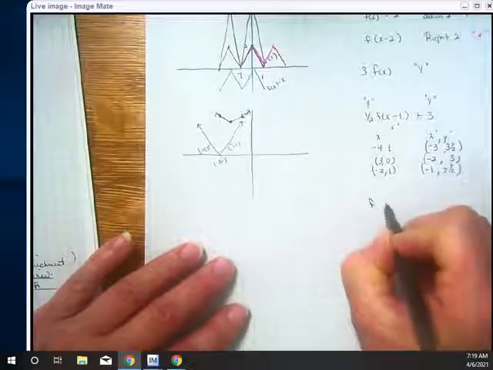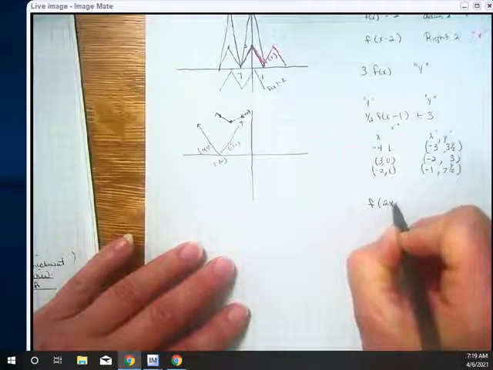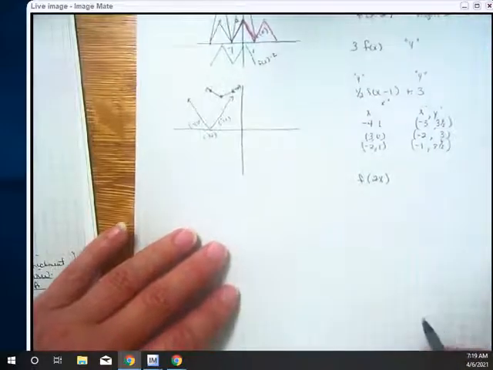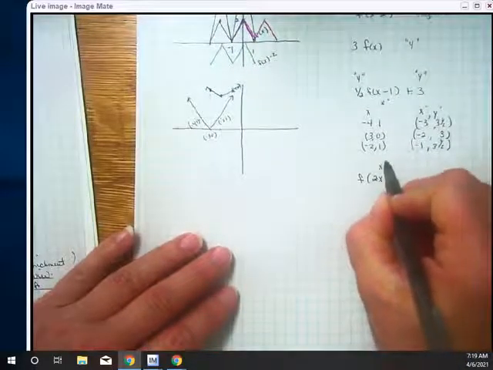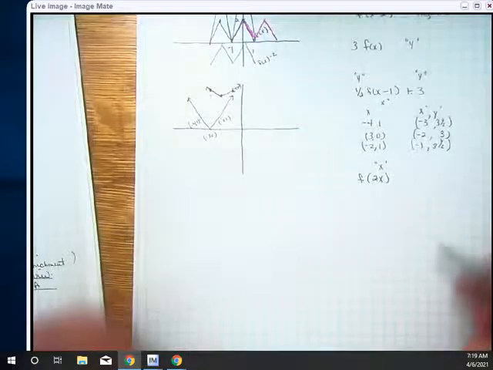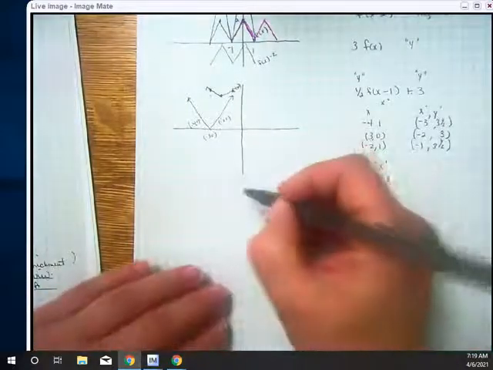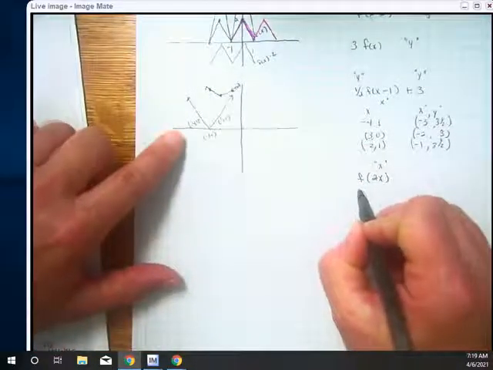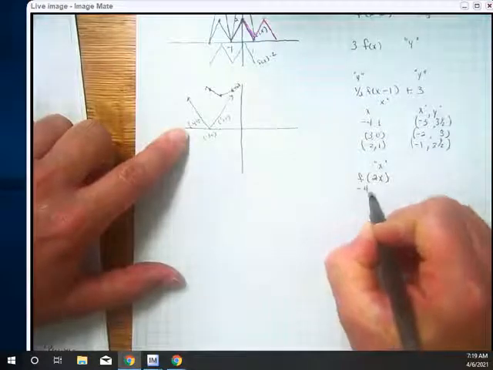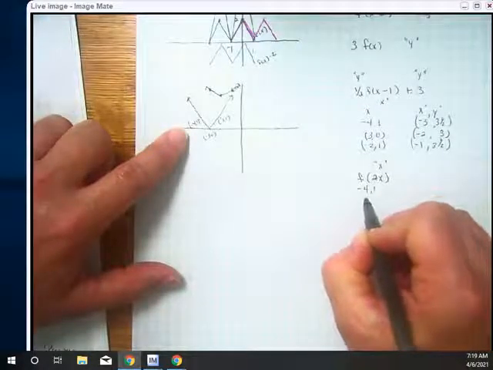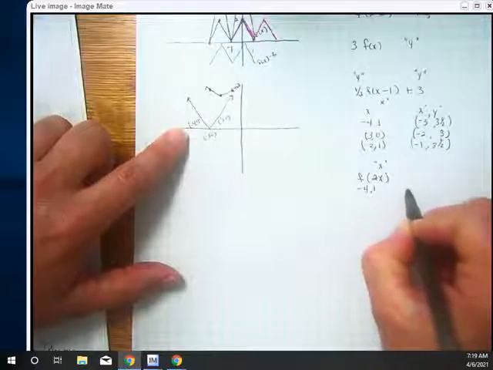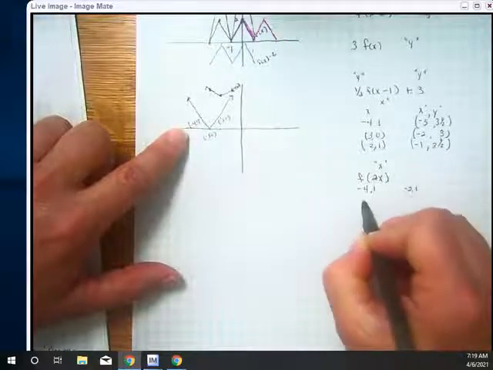If I have a function and I am multiplying times 2 inside the function, this value affects your x values, and it's the opposite operation. You take all of your x values and you take half of it. The point that was negative 4, 1 becomes negative 2, 1.